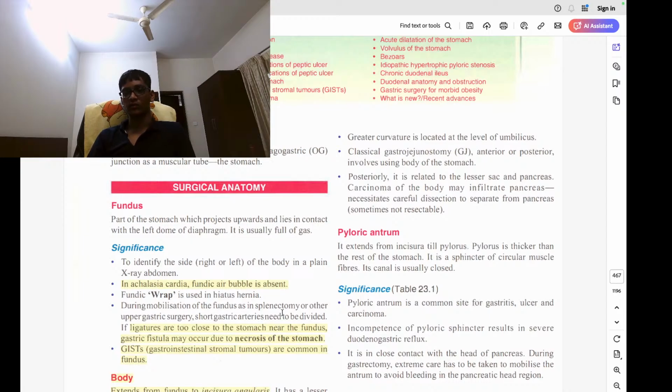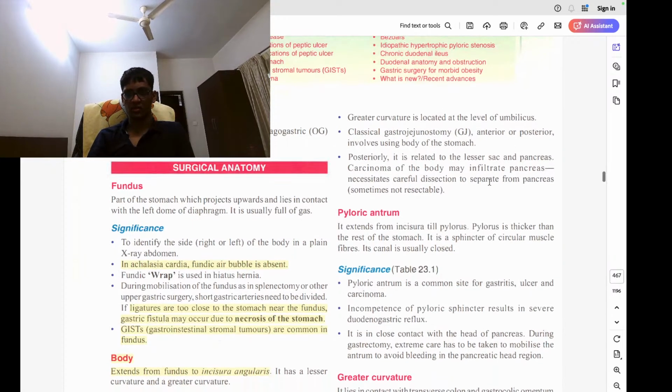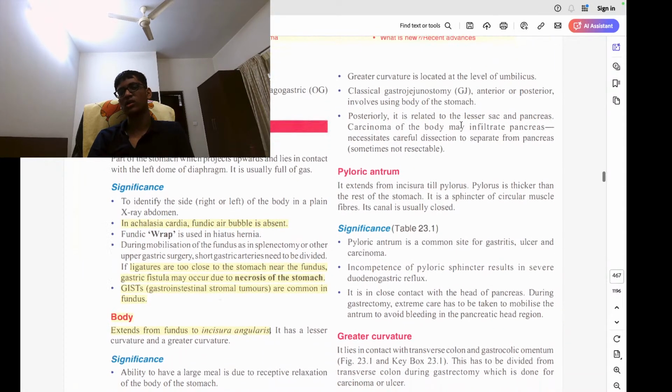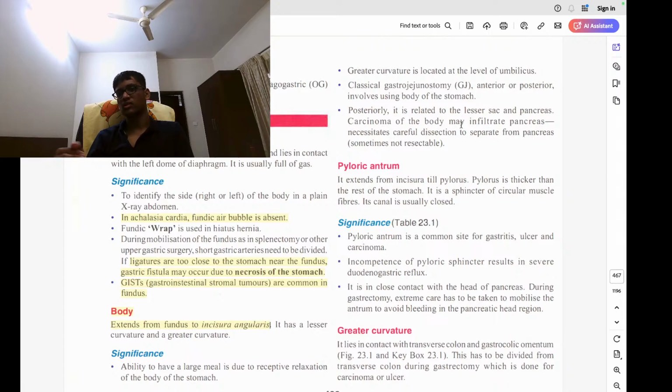Carcinoma of the body may infiltrate the pancreas. It necessitates careful dissection to separate the pancreas.